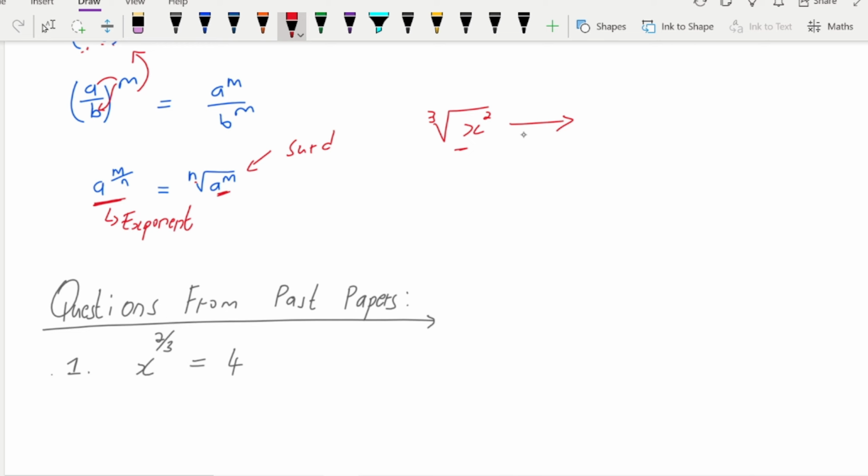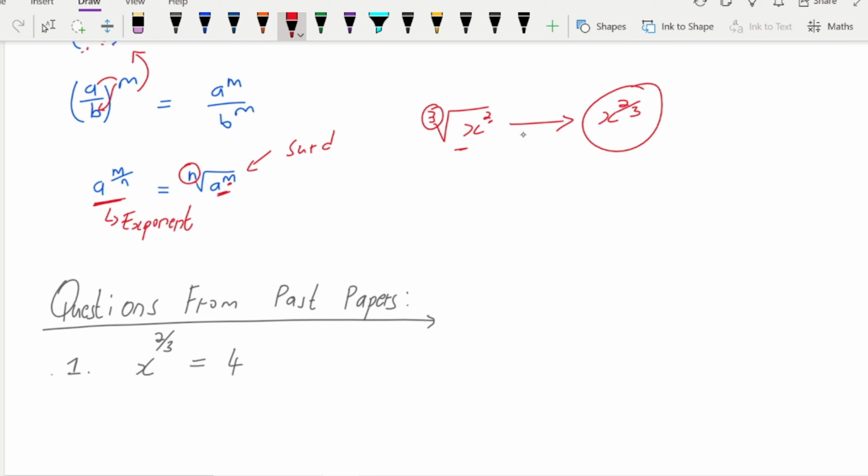You take the exponent that is inside, and you divide it by the exponent that is on the outside. So here we're going to have x. The exponent that is inside is 2, so it's going to be 2 divided by the exponent of the surd, which is outside of the root. So it's going to be x to the power 2 divided by 3.